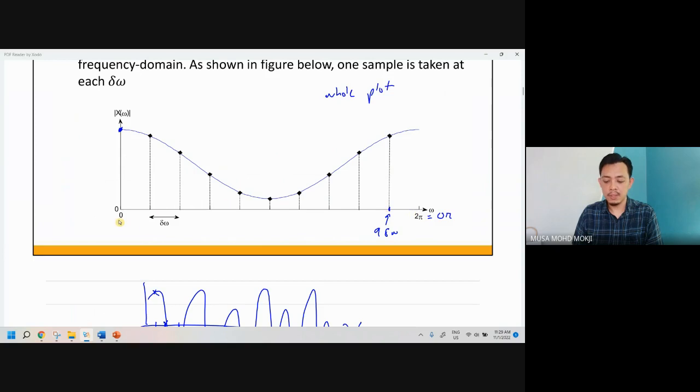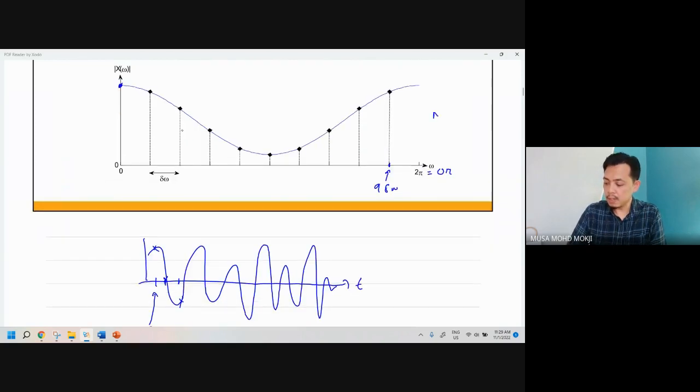So if in this case N is equal to 10, then 0, 1, 2, 3, 4, 5, 6, 7, 8, 9. So we'll take samples from k equals 0 up to k equals 9 only. Actually, it's not that there is no sample at 2 pi, we already have a sample at 2 pi, which is at 0.